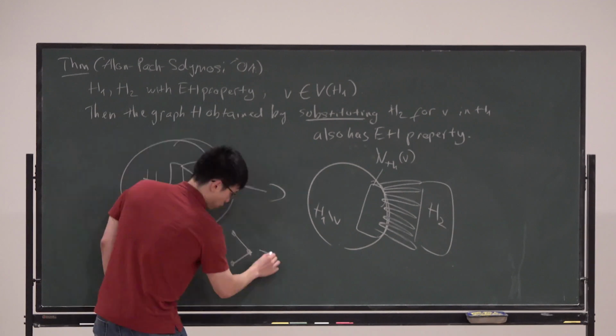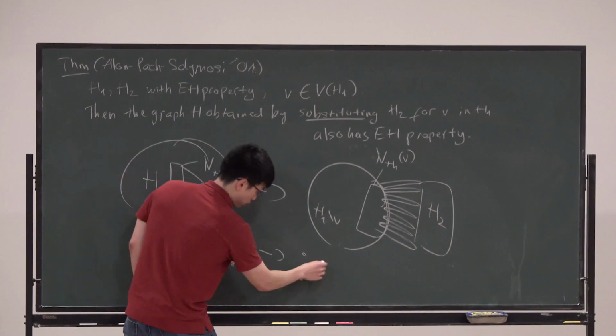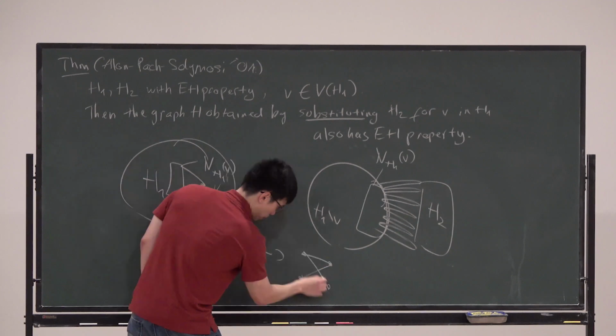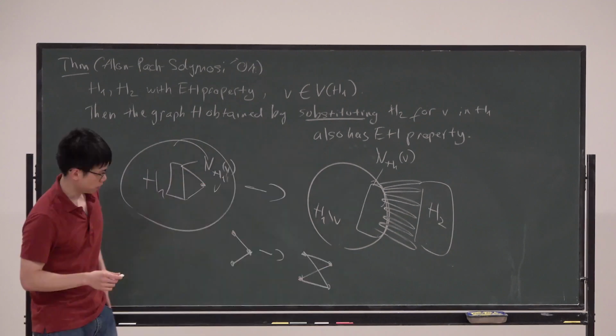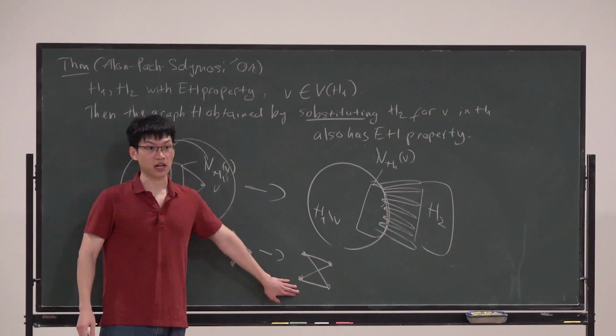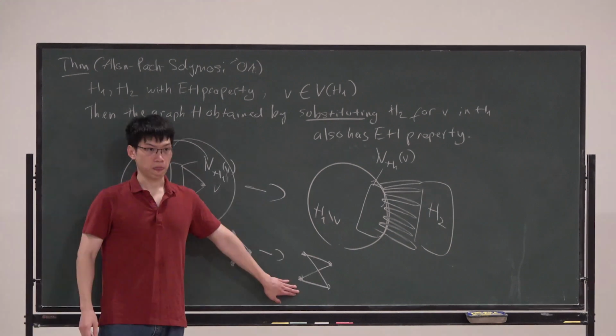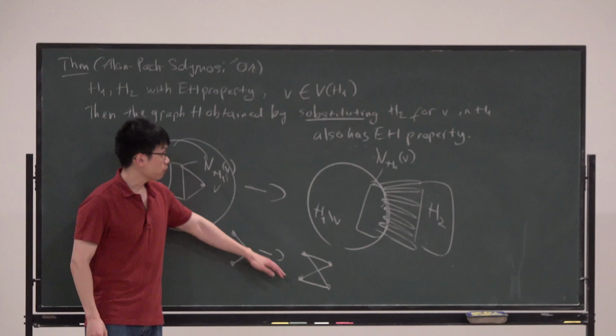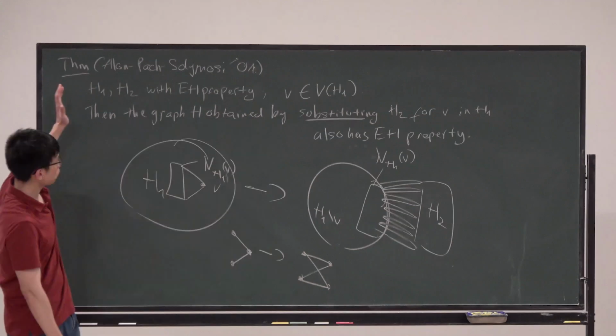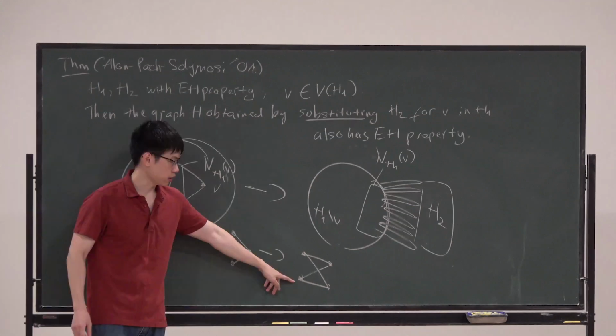What I'm going to have is this graph on the right-hand side, which is exactly the 4-cycle. So if you use this theorem, this actually gives another proof that C4 has the Erdős-Hajnal property.